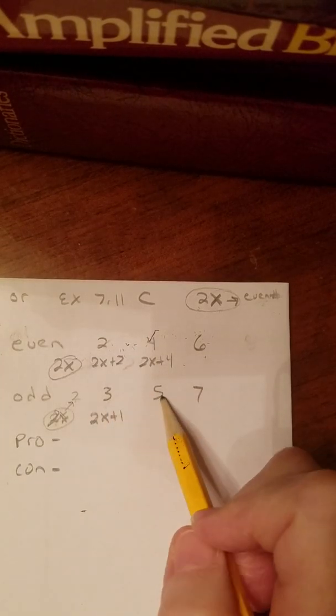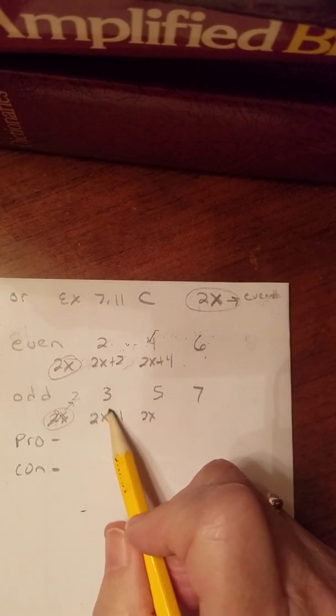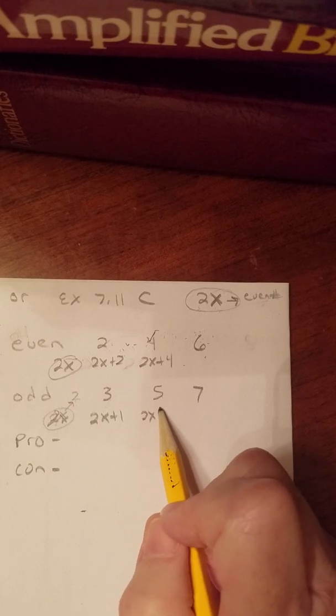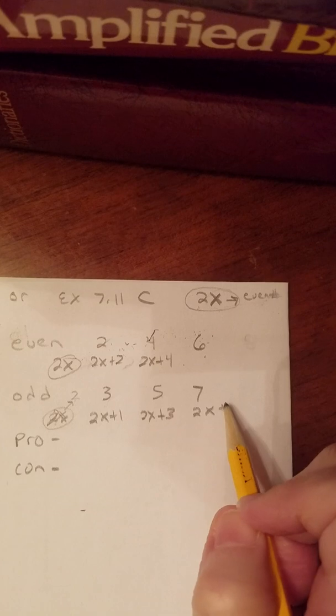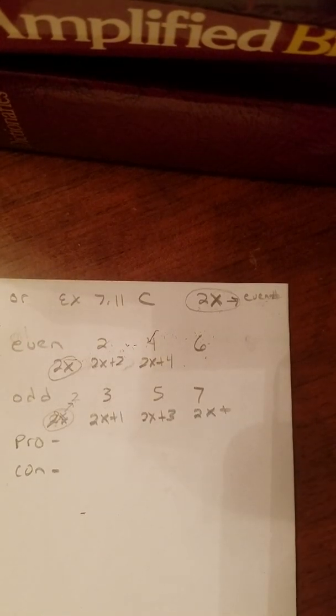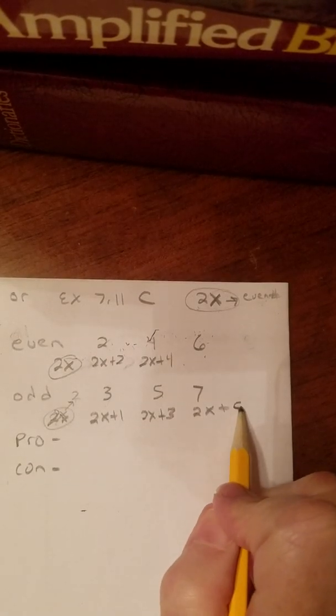To represent the next odd number, it would be 2x plus 3. Then 2x plus 5.